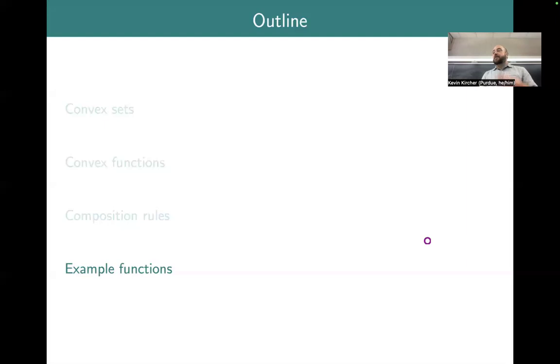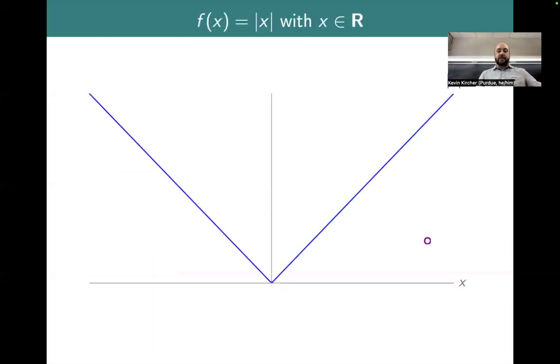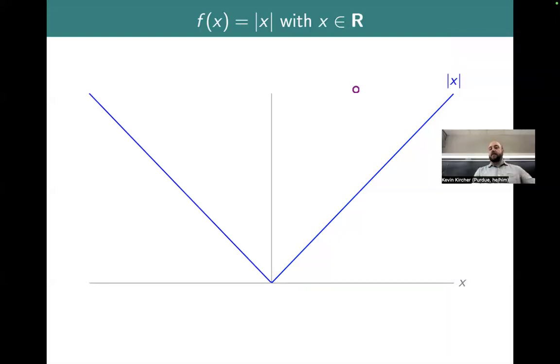Okay, so let's look at some of those atomic functions, the building blocks that we use for building up interesting and complex convex functions. One example is the absolute value. What are the curvature and monotonicity properties of absolute value? How about curvature? Is it convex, concave, neither?